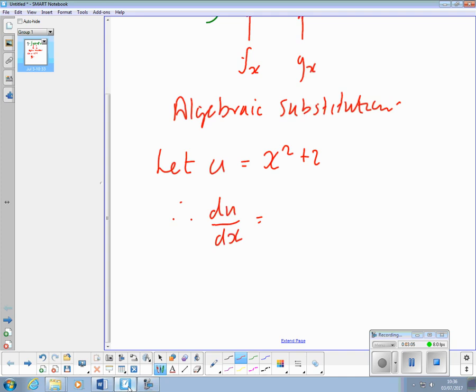Multiply by the power and take 1 off the index for differentiation. 2x, and the constants disappear. And then we rearrange that for dx. So dx comes up here, 2x goes down the bottom.